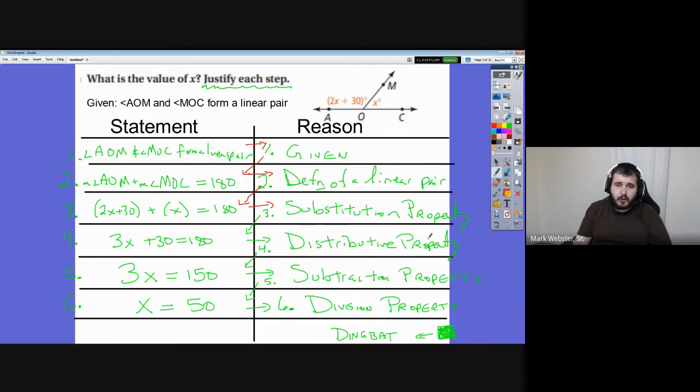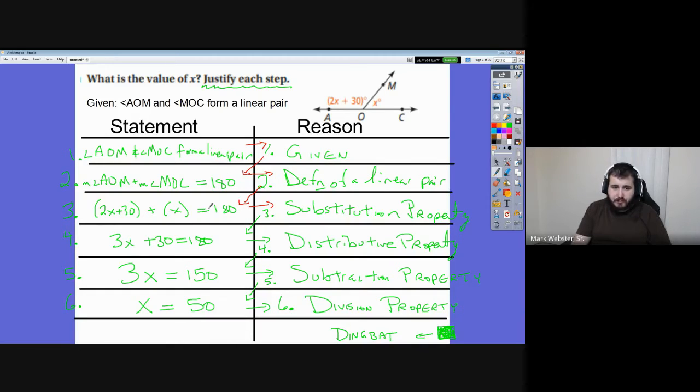That's fine. But when you are doing your proof, the given statement will always be at the top. And then you will give a reason for every step that you put. So the first reason is always given. The second reason is, how did you get from step 1 to step 2? I used what?